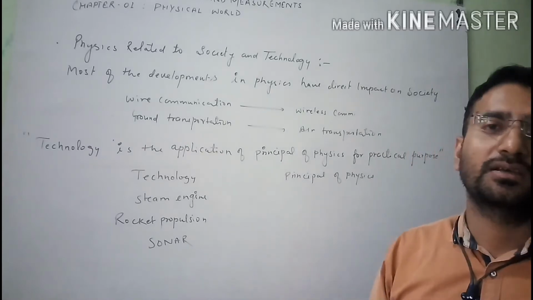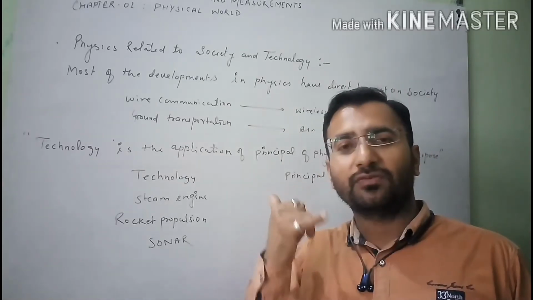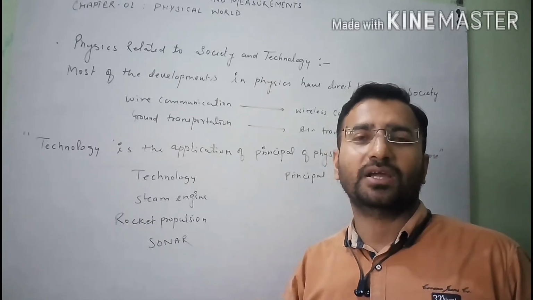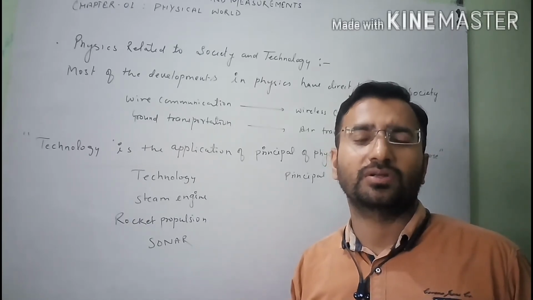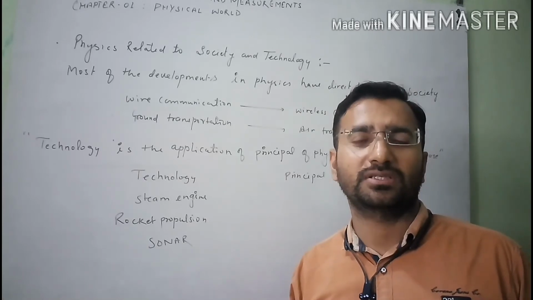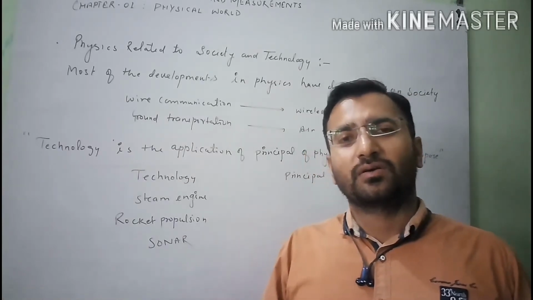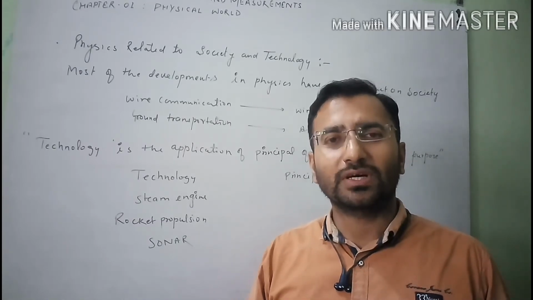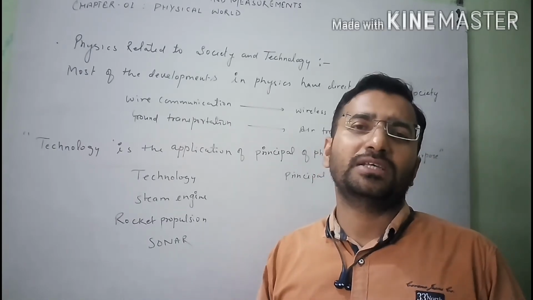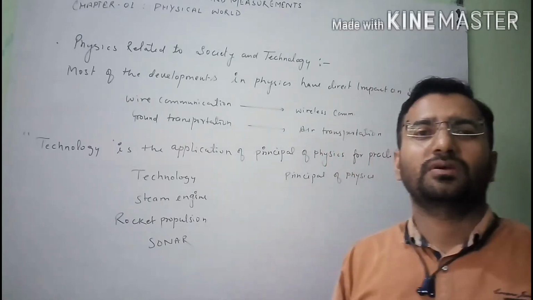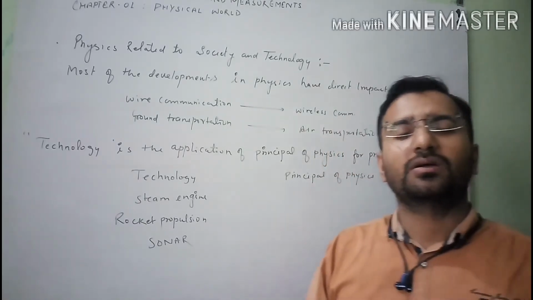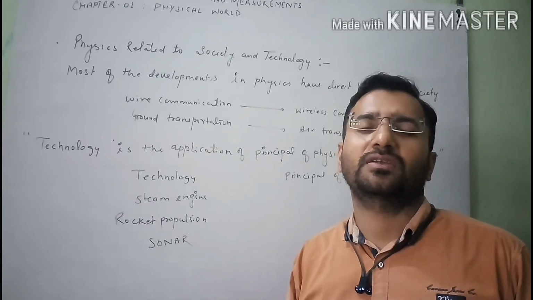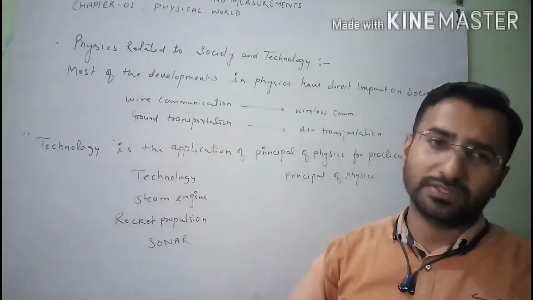Initially, in the starting, we used landline phones, which is wired communication. Nowadays we are using wireless communication in place of wired communication. So what is this? This is the advancement in our technology with the help of physics.